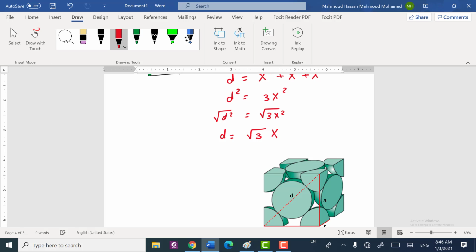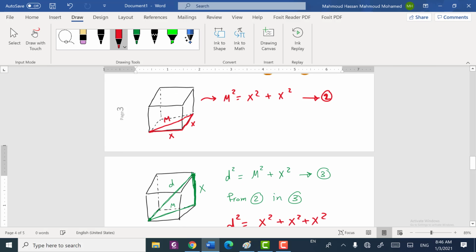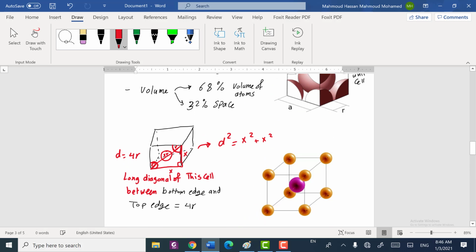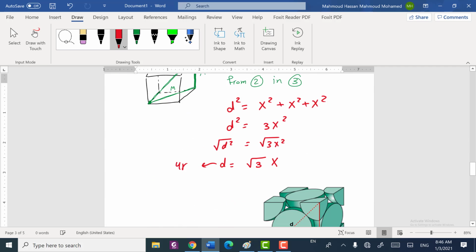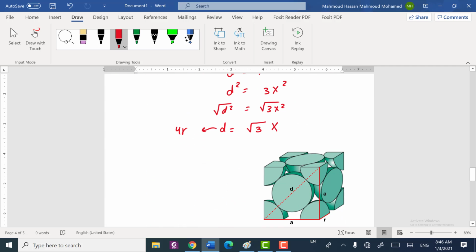If we said that d represents 4r, as we said before, the long diagonal d equals 4r, so in this case x will be equal to 4r over root 3.